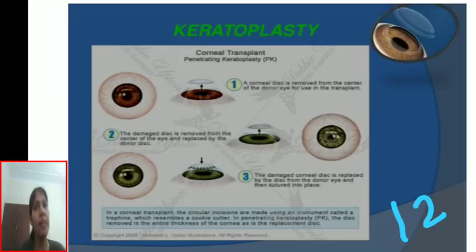In corneal transplant, circular incisions are made using an instrument called a trephine, which resembles a cookie cutter. In penetrating keratoplasty, the disc removed is the entire thickness of the cornea, as is the replacement disc. These are the surgical management of corneal opacity.